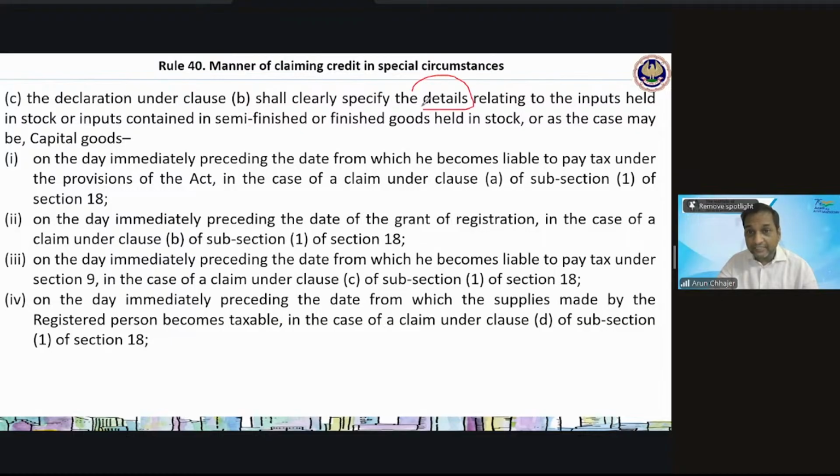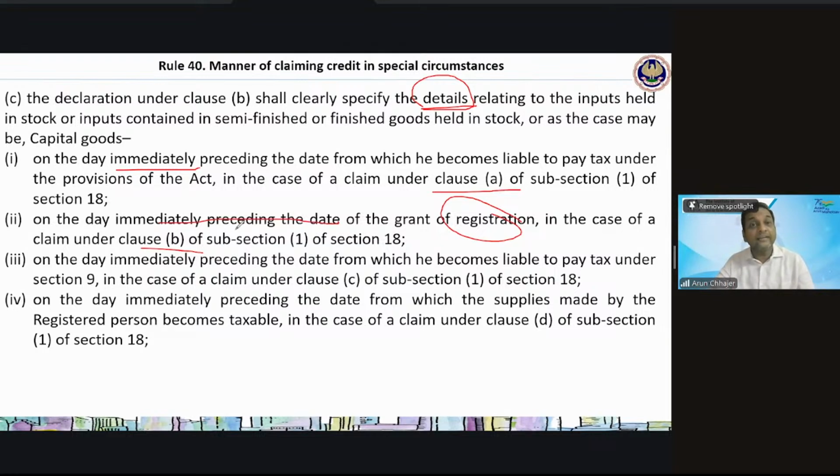Specify the details relating to the input held in the stock, semi-finished, finished goods on the day immediately preceding the date on which he became liable to pay the tax under clause A, that is mandatory registration. On the day immediately preceding the date of granting of registration in clause B, that is voluntary registration. What do we need to specify? The details relating to the input and capital goods.